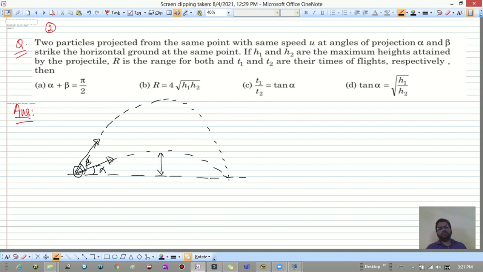So this is h1 we have, and the maximum height for this is h2 we have. Okay, no problem in this. So time we have here is t1 and t2. t1, t2 will be the times of flight, and alpha and beta are the angles of projection for this.